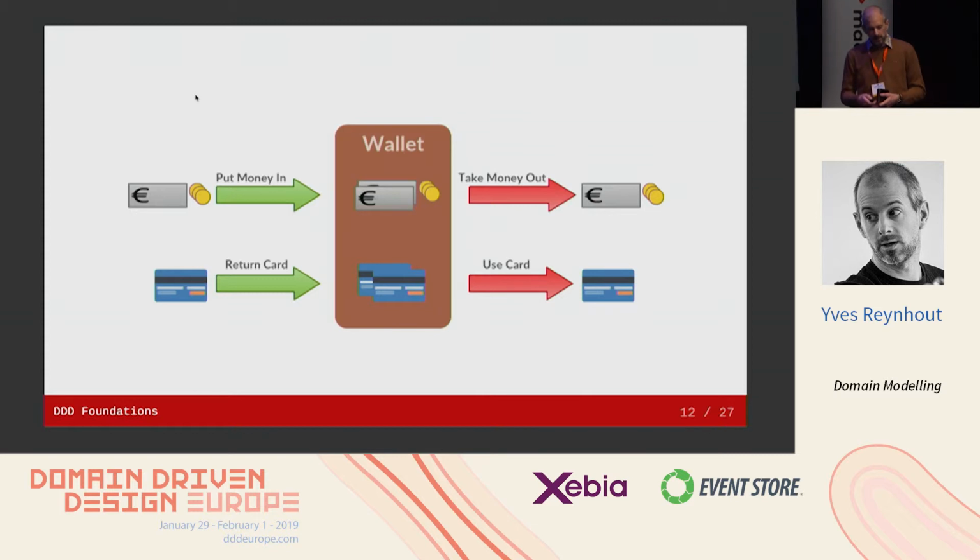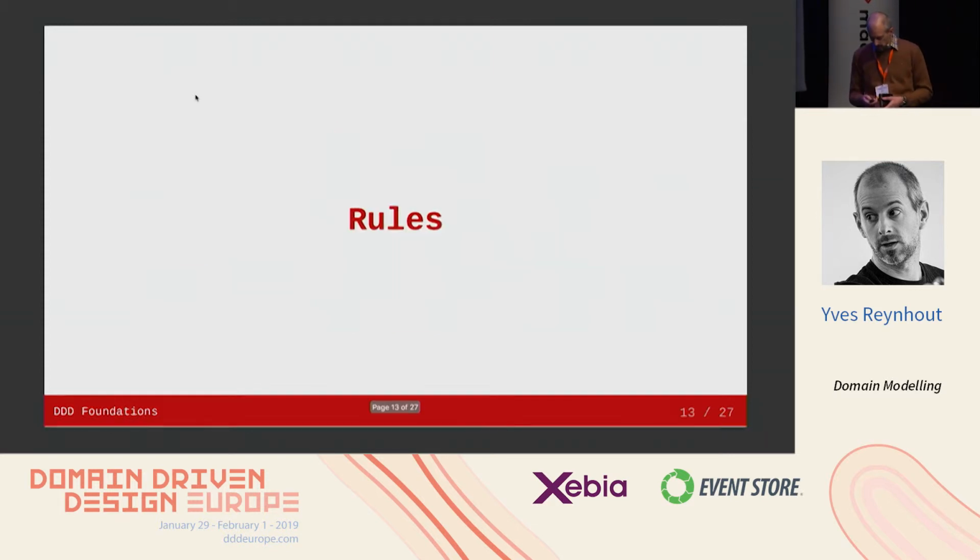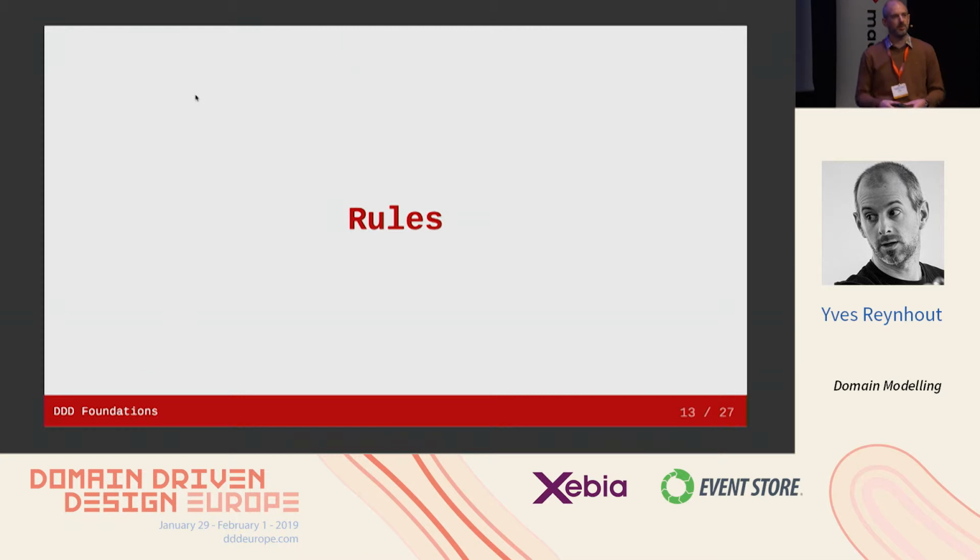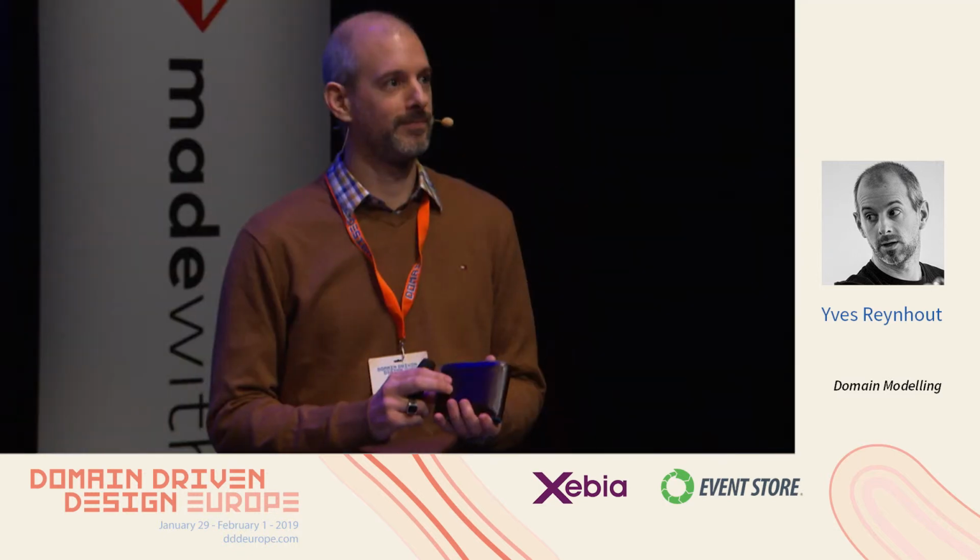Obviously, that's not the end of it, because what makes it much more interesting is that we start looking at the rules. And what rules could govern my wallet? Well, a few weeks ago, I was in a bar, and I ordered one of them fine Belgian beers, and I drank it, and I opened my wallet, and it appeared there was no money anymore in my wallet.